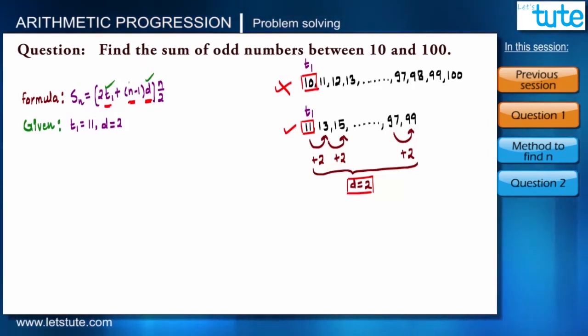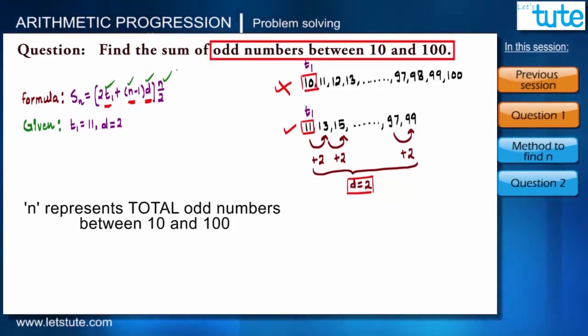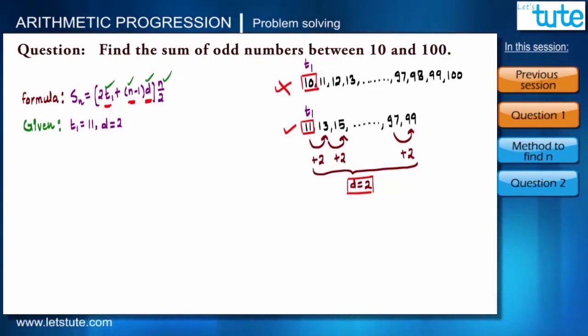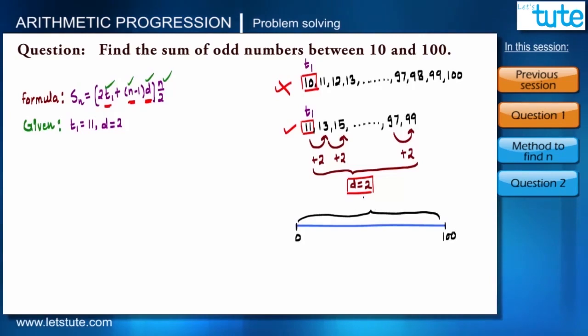Now let us go to the third parameter, N. So what is N over here? Here N represents the total odd numbers between 10 and 100. Finding this is a bit interesting. See guys, there are always half even numbers and half odd numbers. So from 0 to 100 there will be 50 odd numbers, and from 0 to 10 there will be 5 odd numbers.